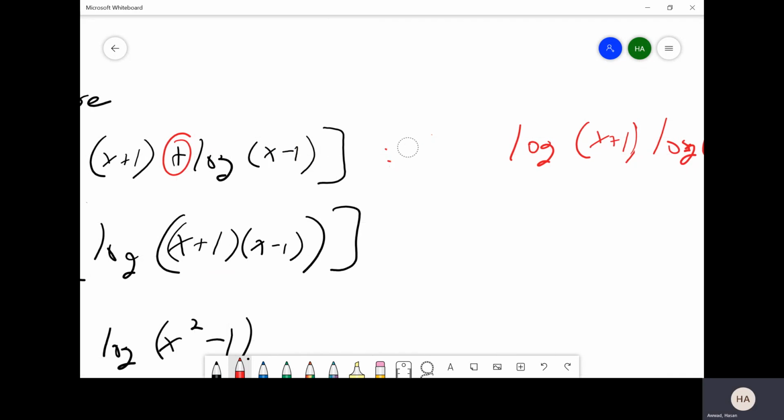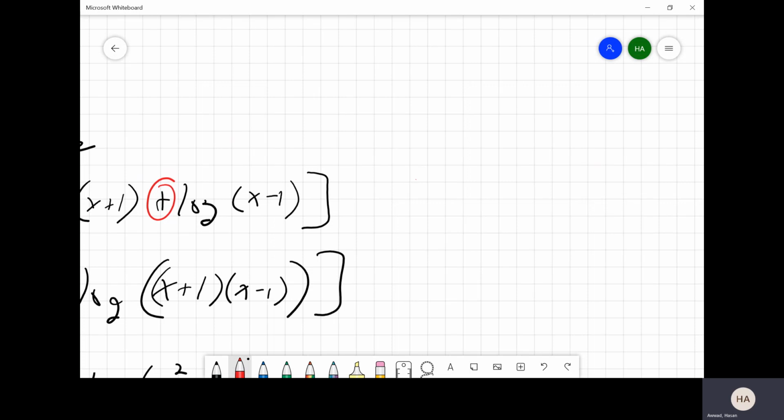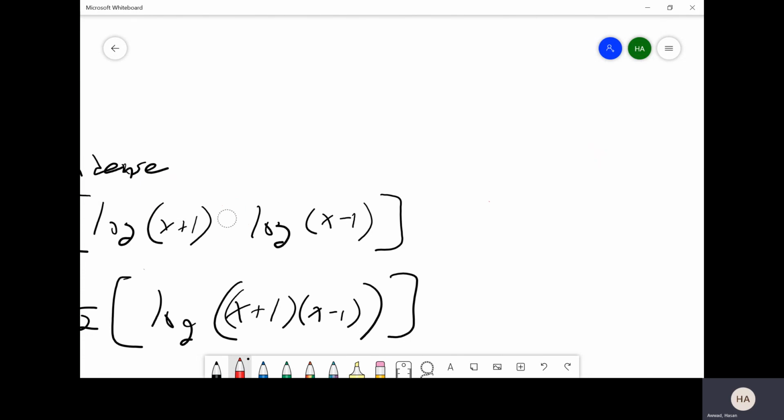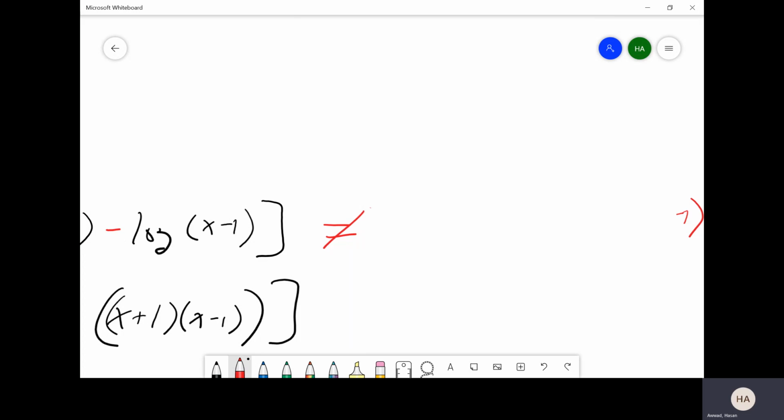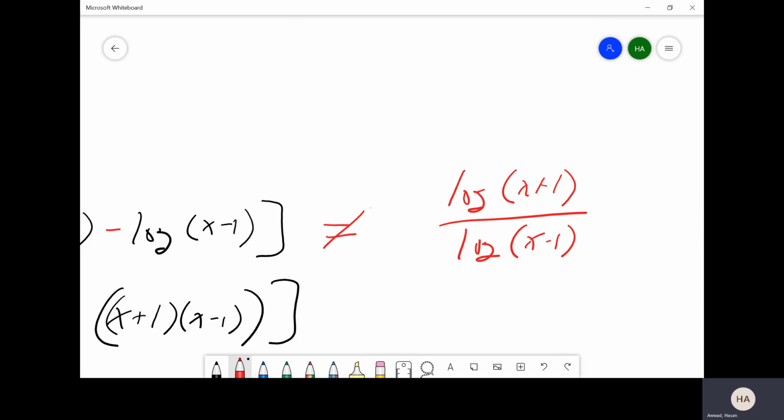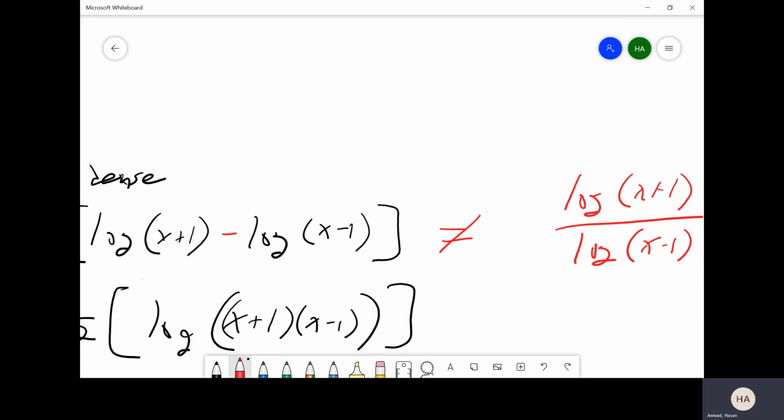Okay, similarly, another very common thing that I see is if hypothetically this were a subtraction, so I'm just going to write a minus here, this is not equal to the log of x plus 1 over the log of x minus 1. Okay, these are not equivalent. The reason that they're not equivalent is, again, notice you haven't condensed anything. You still have two logarithms, right? You still have a log up top, a log on bottom.